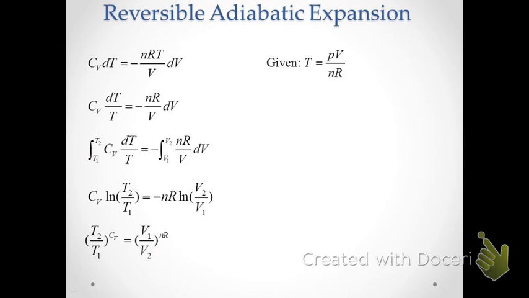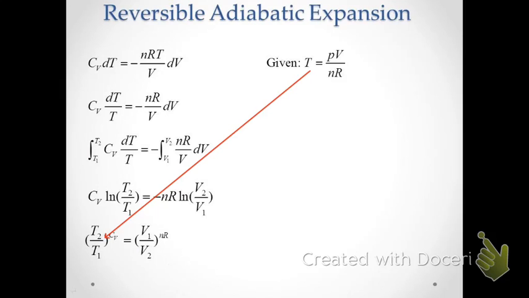So we end up with this simple expression here relating the temperature change that occurs during the adiabatic expansion to the volume change that occurs during the adiabatic expansion, and it's related to the exponents associated with the constant volume heat capacity, and the number of moles times the gas constant R.